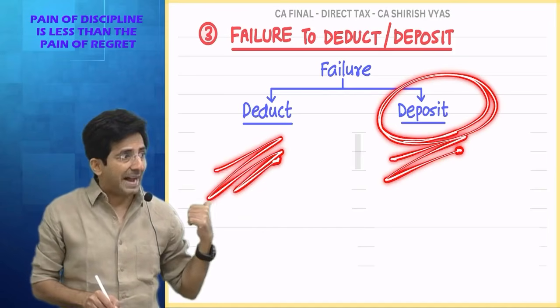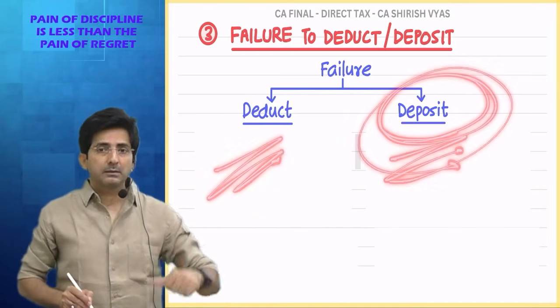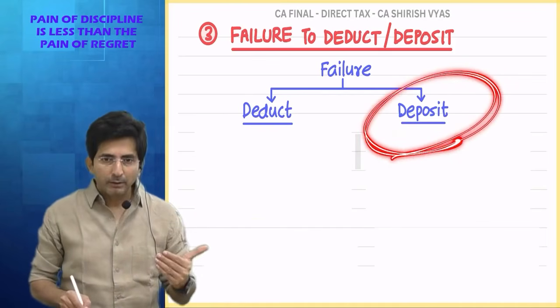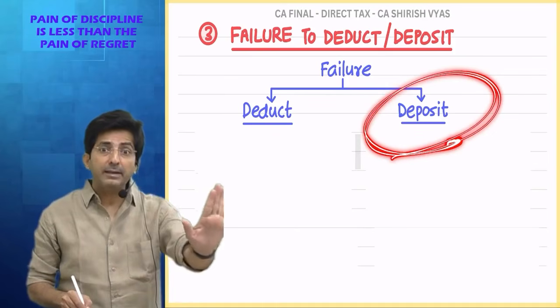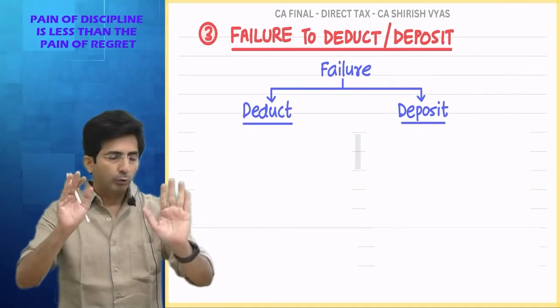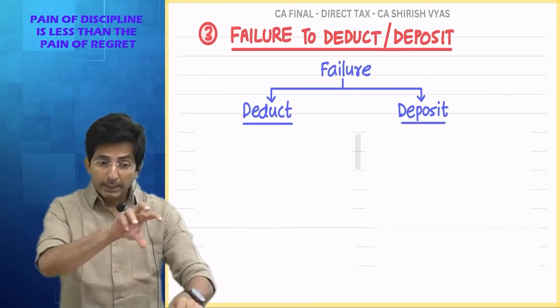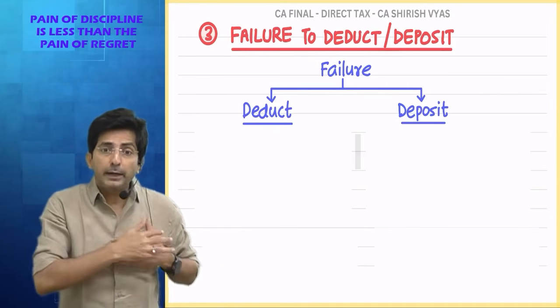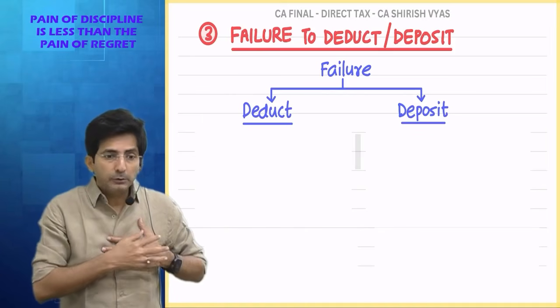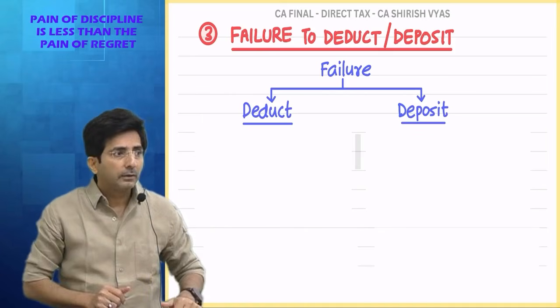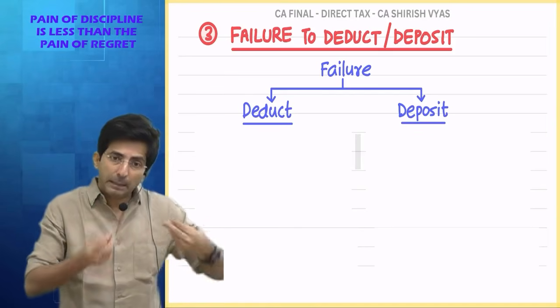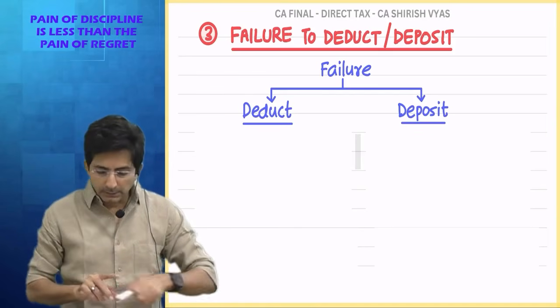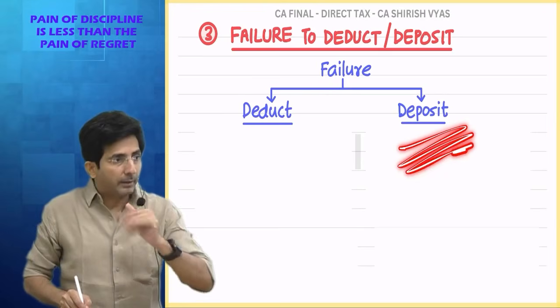Because here what is he doing? To the winner he is giving only 70. Assume winnings is 100. And the 30 rupees which is cut, he has kept in the pocket and he is not ready to deposit. That means you are a thief. You have stolen the government's money. You have kept it in the pocket. So this guy is a big criminal.